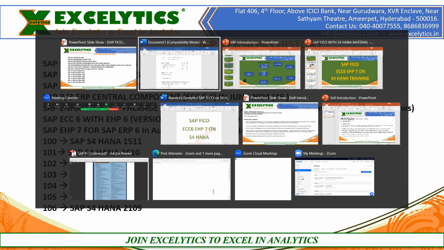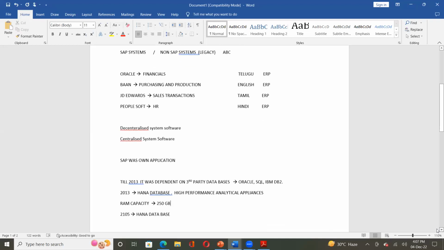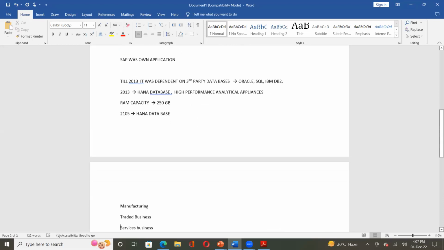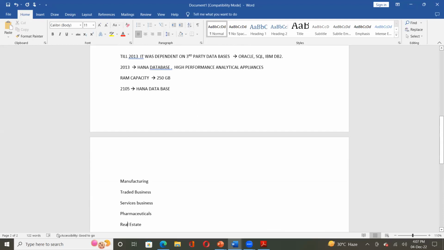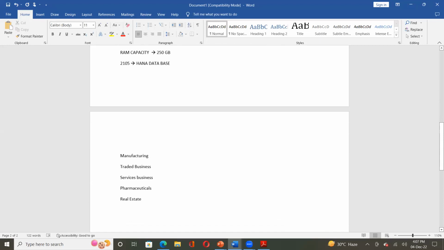Clear? So of all the 36 modules, which one was migrated initially? FI. Earlier, the Finance FI module was on the traditional database, and that was migrated to the HANA database.